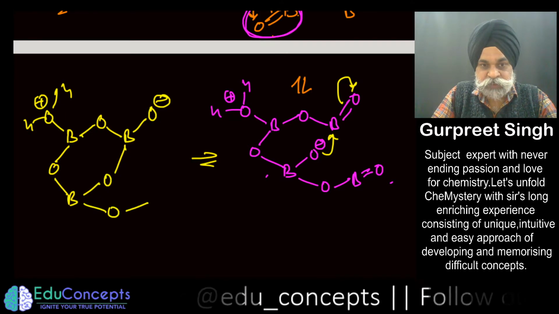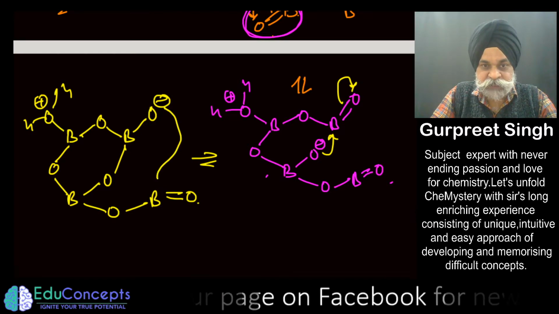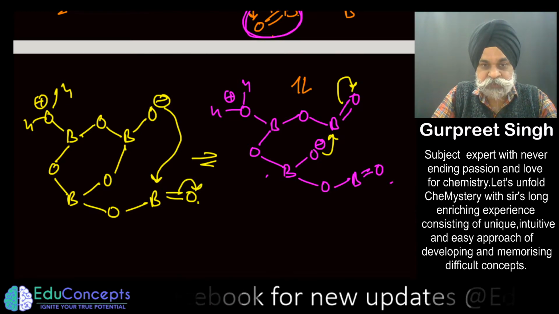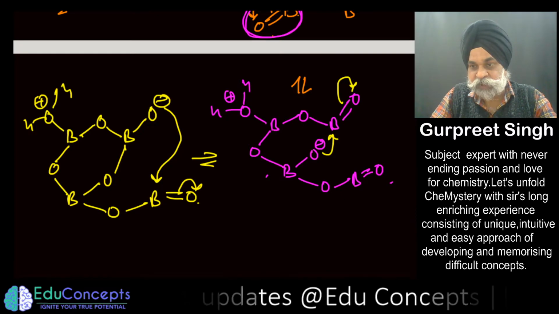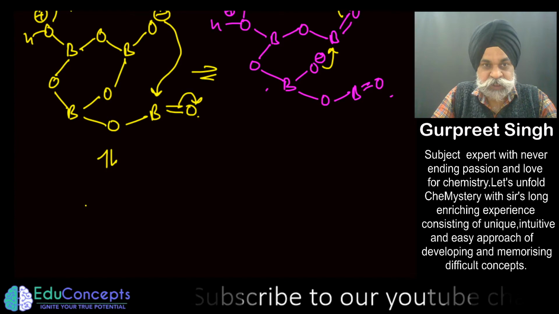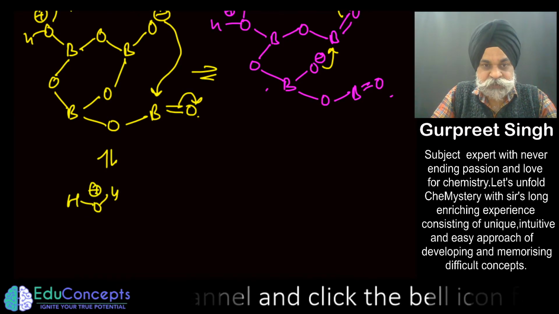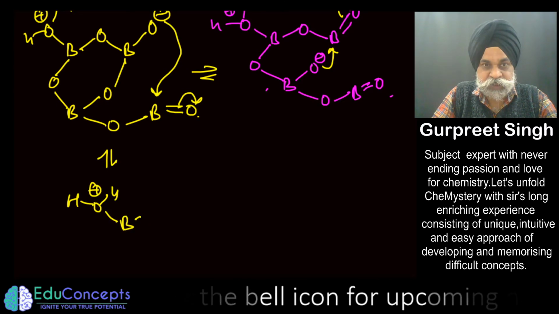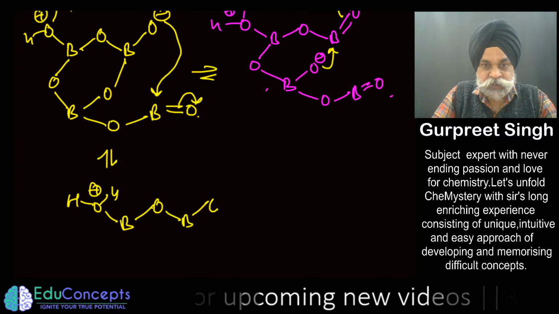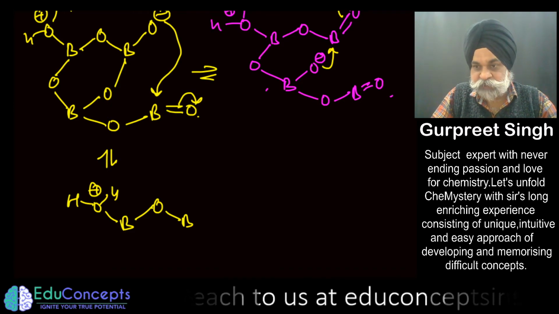And now you have this part along with you. So now this negative could also attack this and this will move this way. Wow, this is making it beautiful. It is going good. So what you will now get is HOH positive and this is BOB O negative. Now let me write this O negative on the lower side.